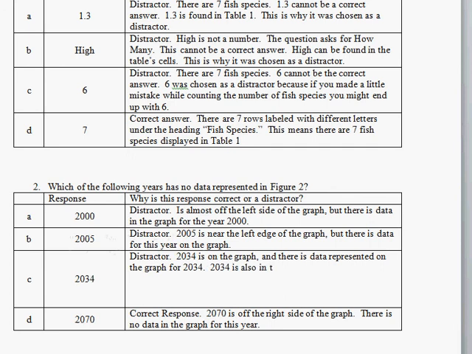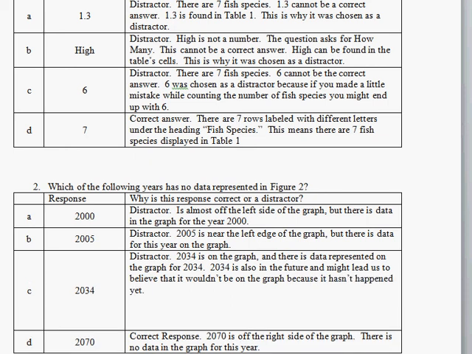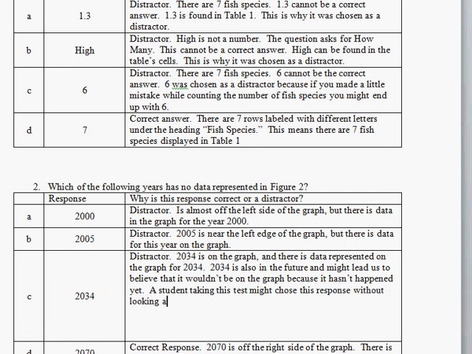It might lead us to believe that it wouldn't be on the graph because it hasn't happened yet. A student taking this test might choose this response without looking at response D.